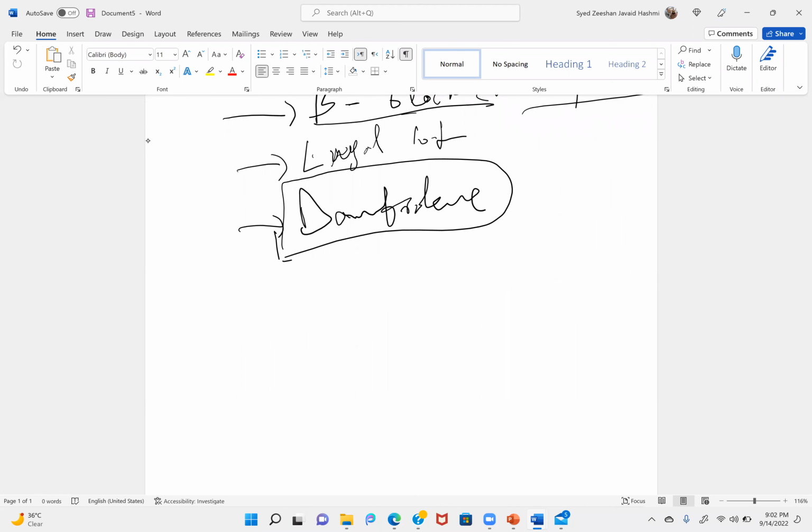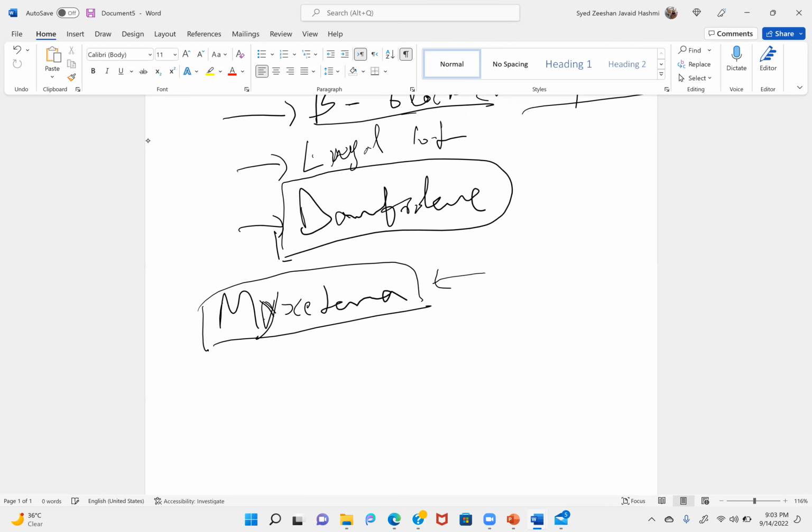Similarly, myxedema coma, fortunately, I have never seen it. But similarly, this myxedema coma will not be as acute as thyroid crisis.